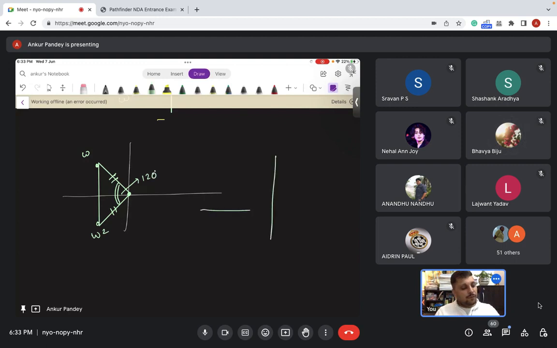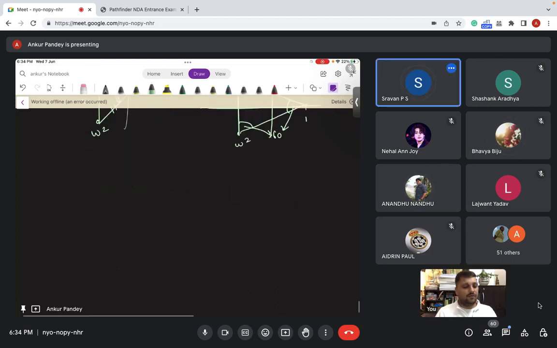Whereas if you plot 1, omega, and omega square, they will make an equilateral triangle where all these angles are 60 degrees. Clear?